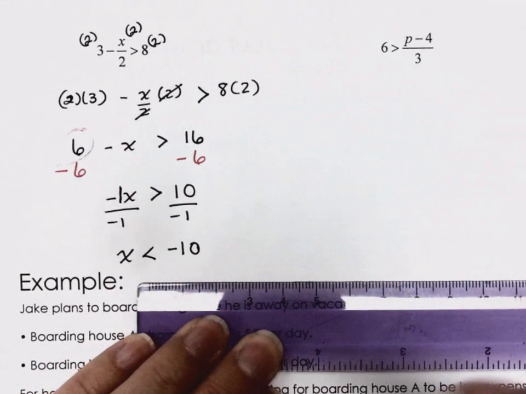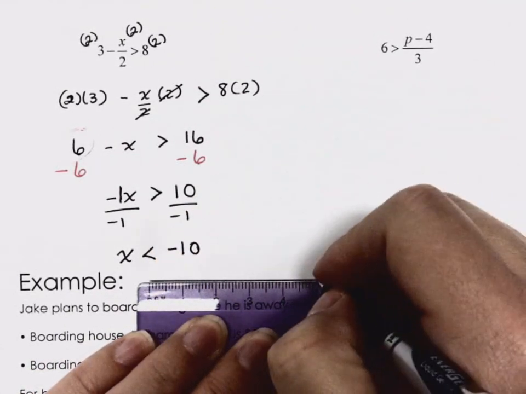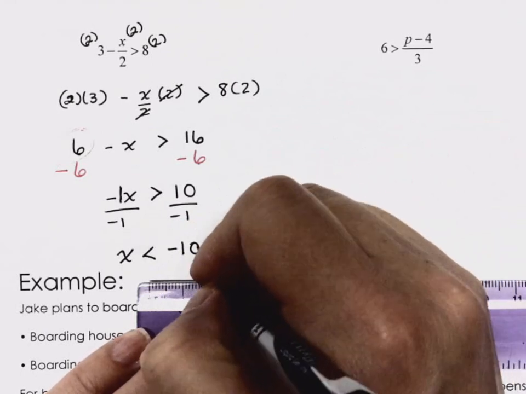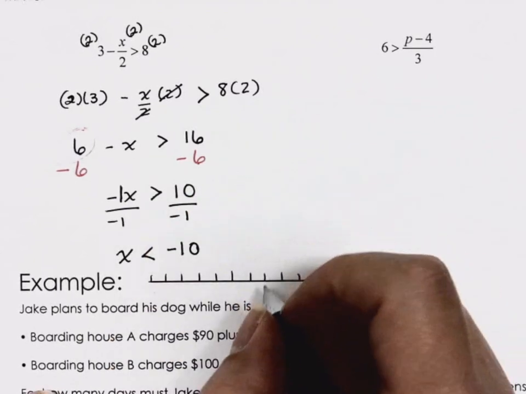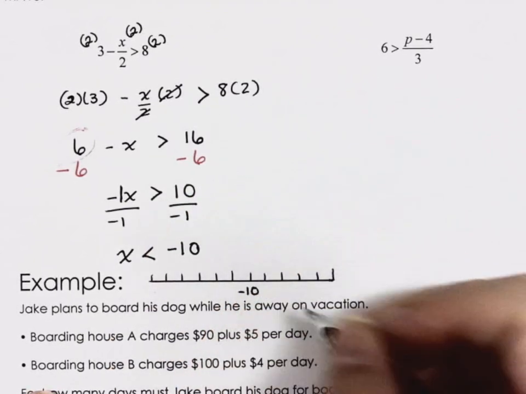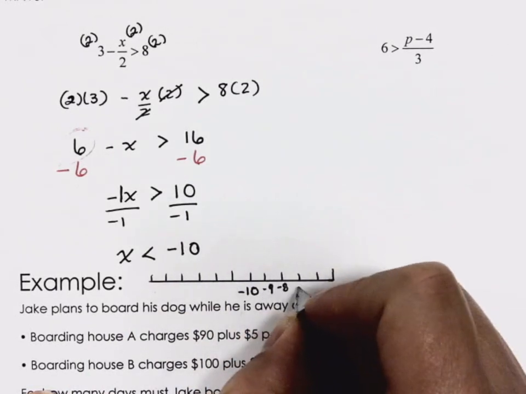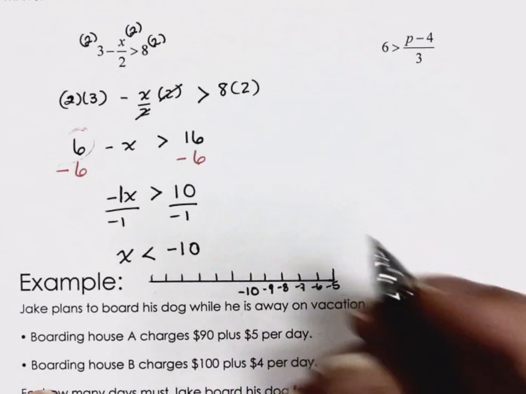We'll graph that. I got barely any room. Should have made this a little bit more spaced out. So negative 10 is my boundary. Values greater than that are going to be negative 9, negative 8, negative 7, negative 6, negative 5.